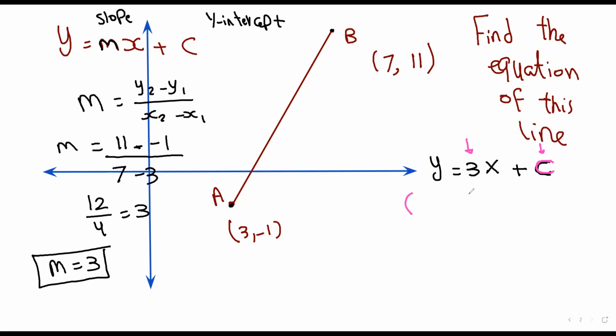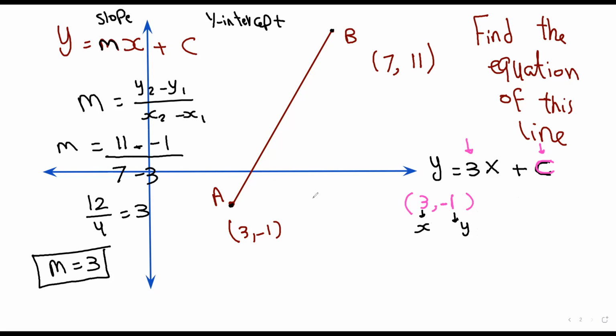We can say that the line is passing through the point (3, -1). Okay? This 3 represents what? This 3 represents x, and minus 1 represents what? Y. So this point here belongs to the line.